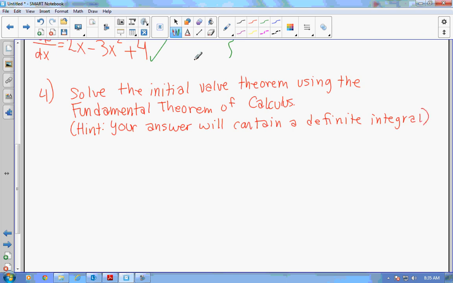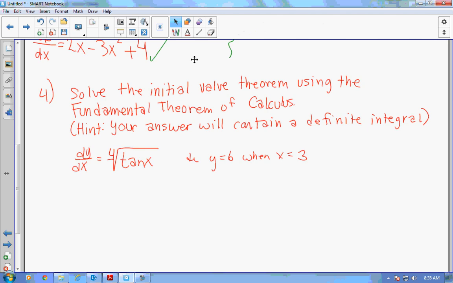Okay. Here it is. dy/dx equals the fourth root of tangent x, and y equals 6 when x equals 3. Okay, last one. Work it out with your group. Maybe you should also talk about what the fundamental theorem of calculus is.